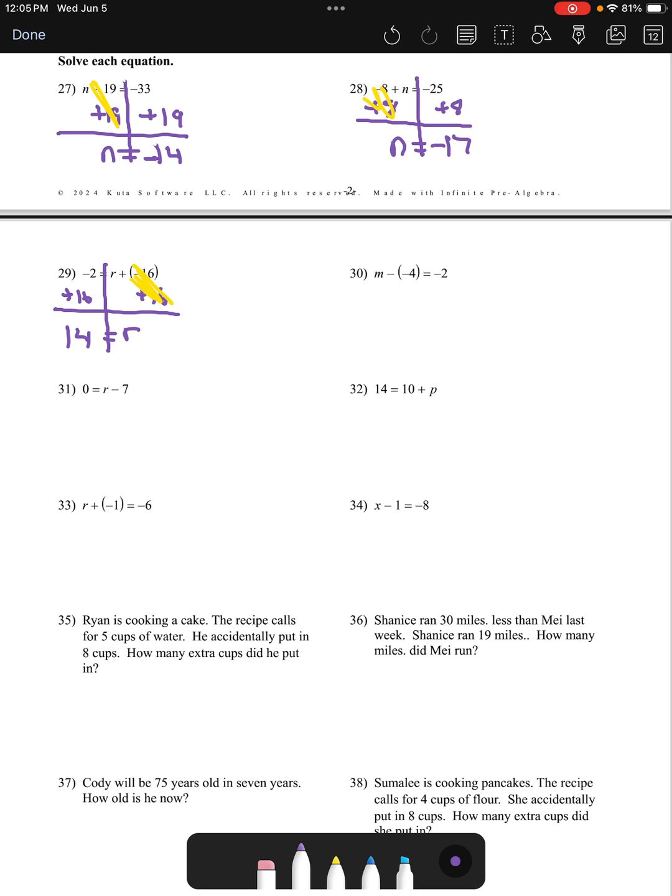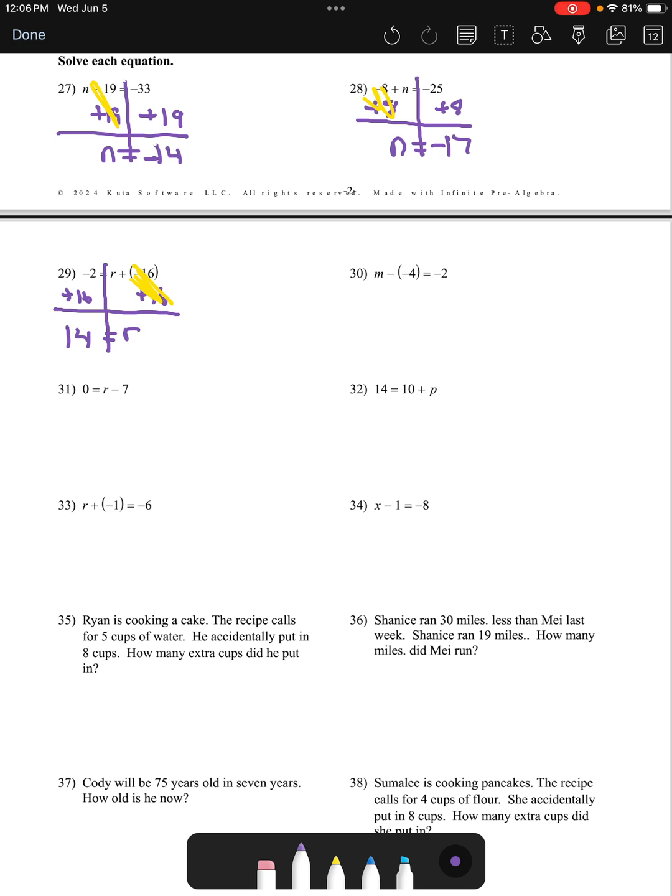Number 30, m minus negative 4 equals negative 2. Yes, if you are wondering, did he just slow down? He did. Did he deliberately emphasize the minus negative? He did. Do you remember what that means? I really hope so.